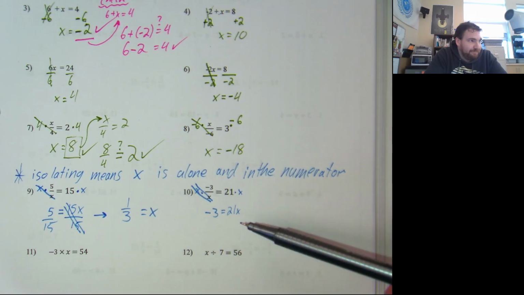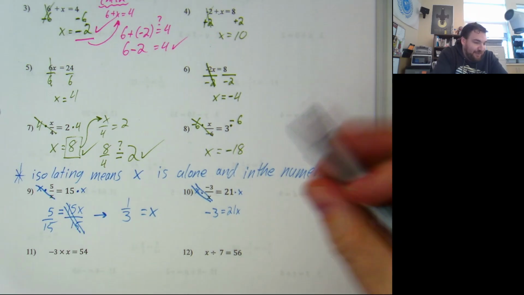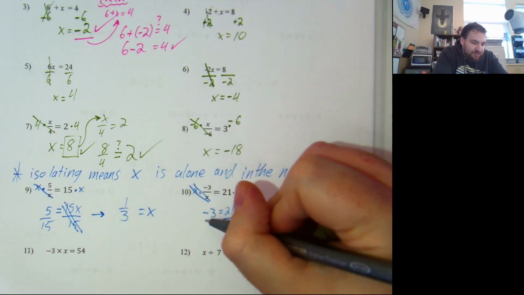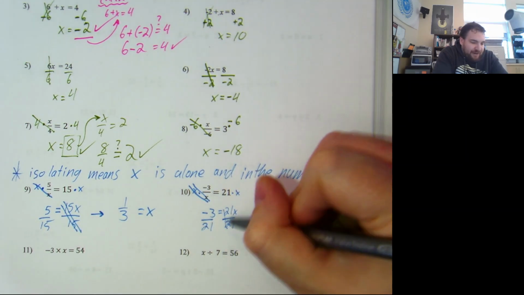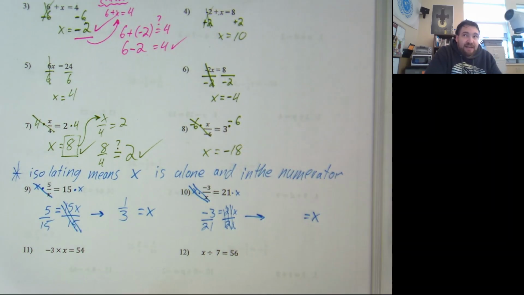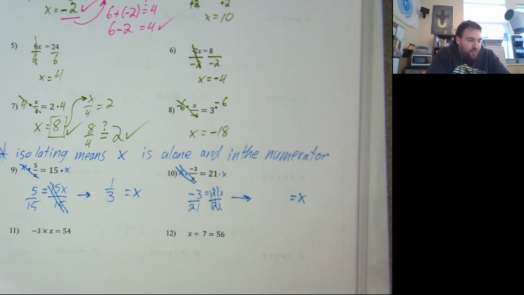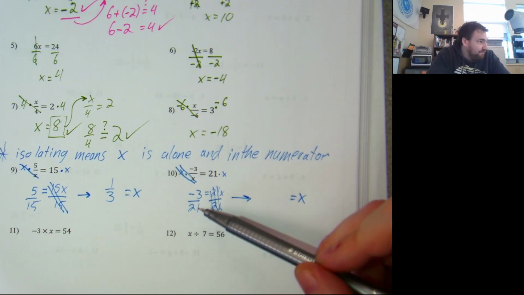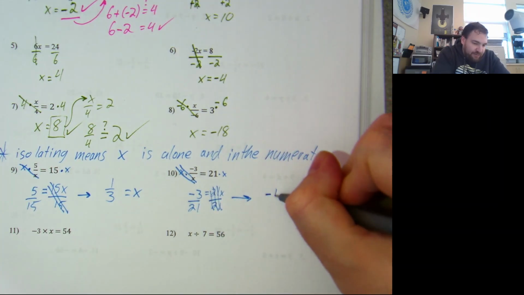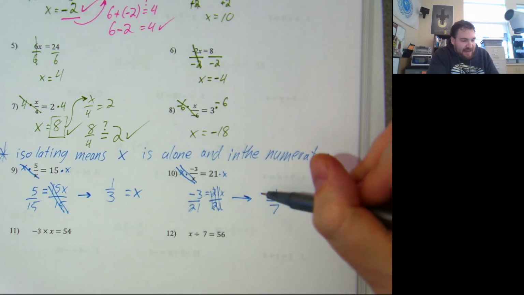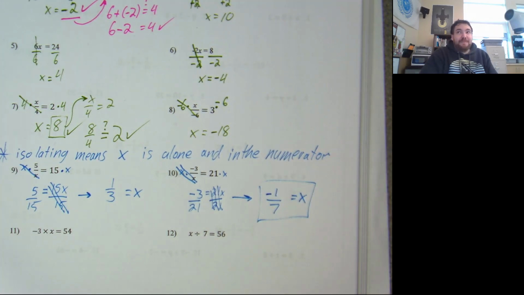Help them out. Divide by 21. If you had to ask that question, you should really be paying attention. 21 divided by 21 is 1, leaving us with just x on the right-hand side. What is -3 over 21? It's going to be -1 over 7. I can divide top and bottom here by 3. And that is your final answer.